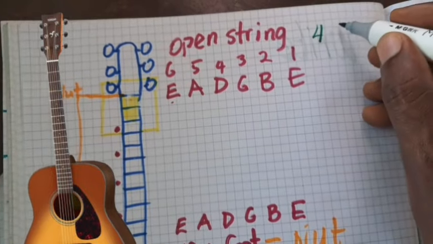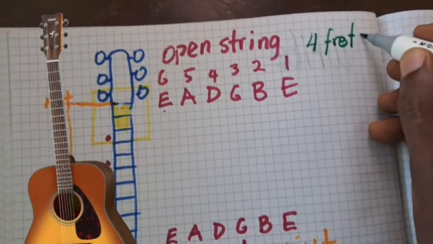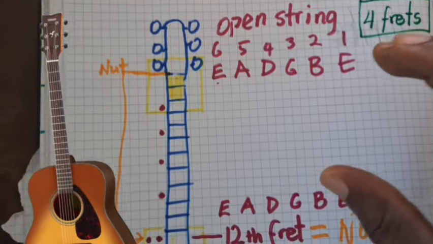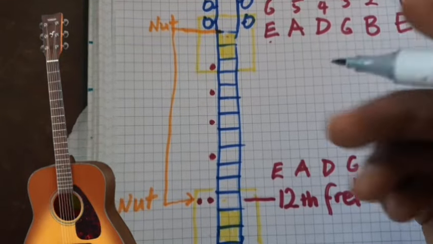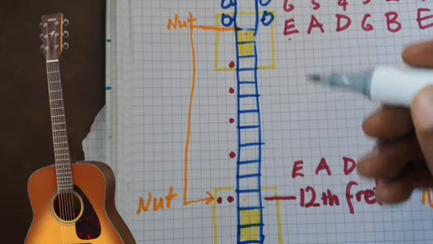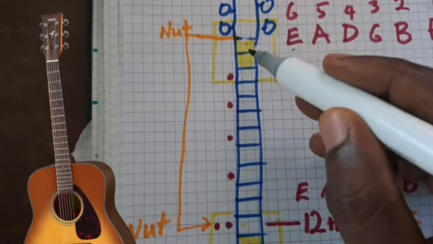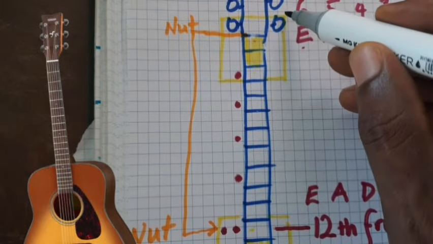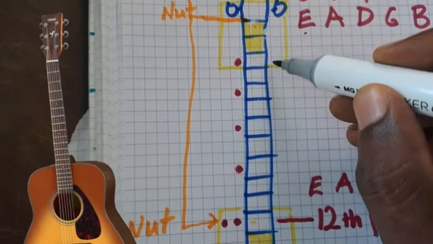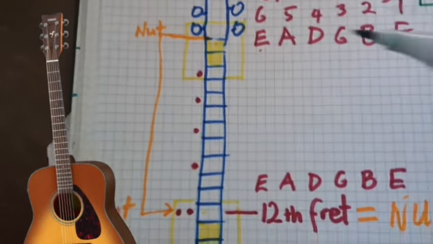Let's say this guitar can be divided into 4 frets, each 4 frets into different divisions. Now, when we look at the whole guitar, we say this is our knot, but don't look at it as a knot, look at it as a fret. And then we have 1, 2, 3, 4. So they make up one division.